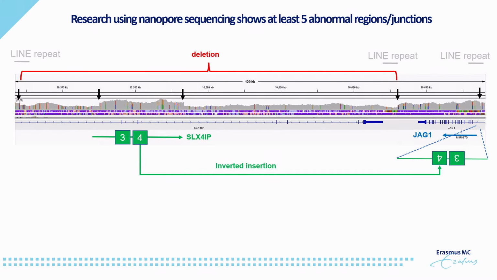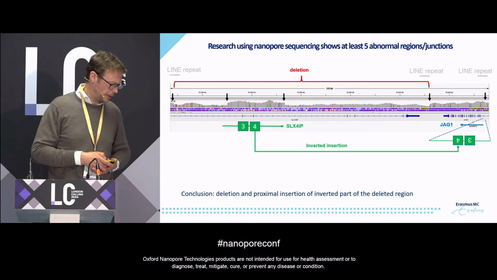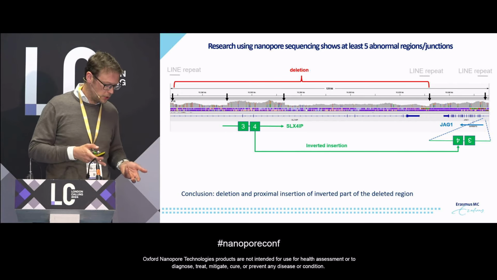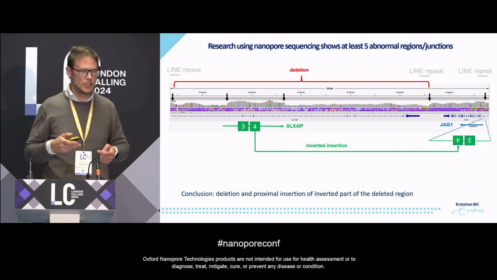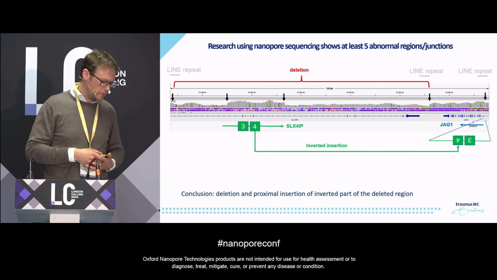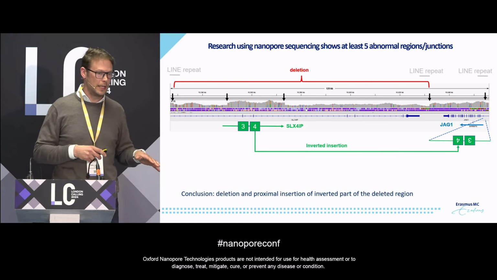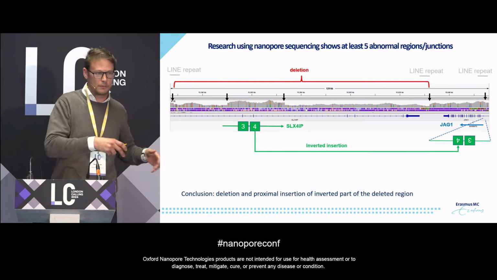And I think all the breakpoints are LINE repeats, so there's some kind of messed up event going on here. So we think that's not just a deletion, there's also a proximal insertion of an inverted part of the deleted region. These are typical things, and even with this Nanopore data, it took a really long time to figure out what was going on here.